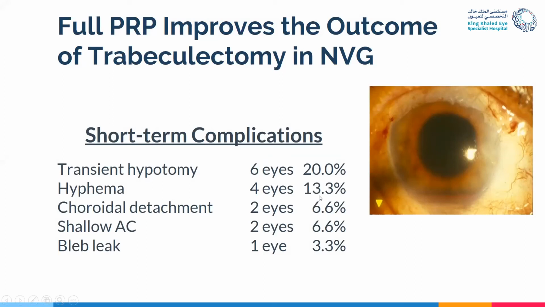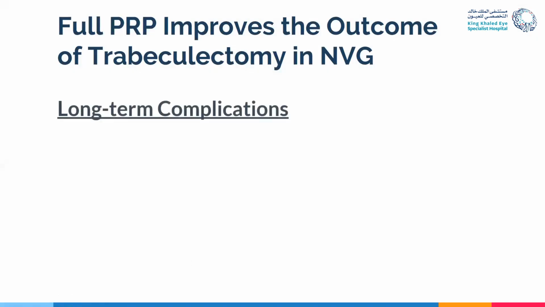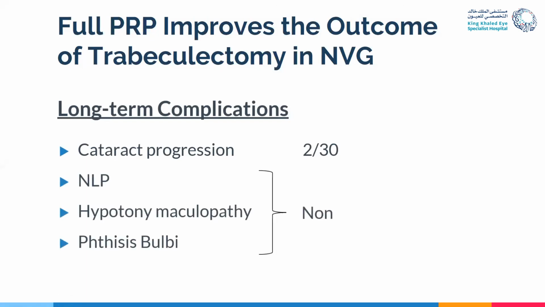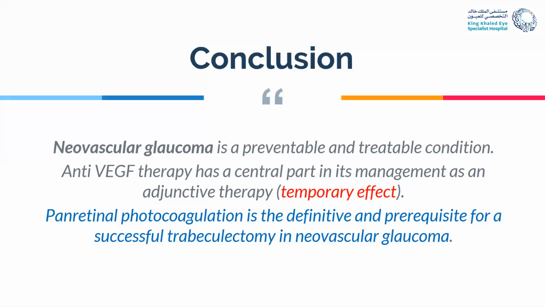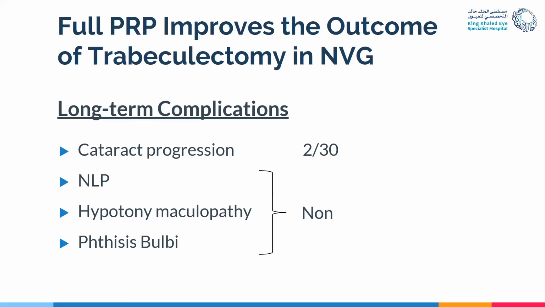Choroidal detachment, similar to ordinary glaucoma surgery, shallow anterior chamber, nothing abnormal. As for long-term complications, the most important thing, and I'm not showing all the slides, the vision and so on, just for the sake of time: none of these eyes ended with NLP, no light perception, or hypotony maculopathy, or pterygium bulbi.